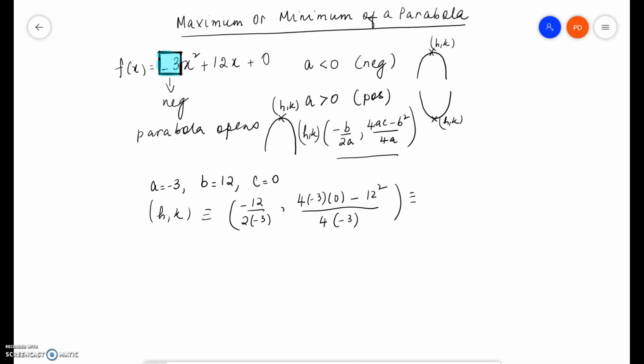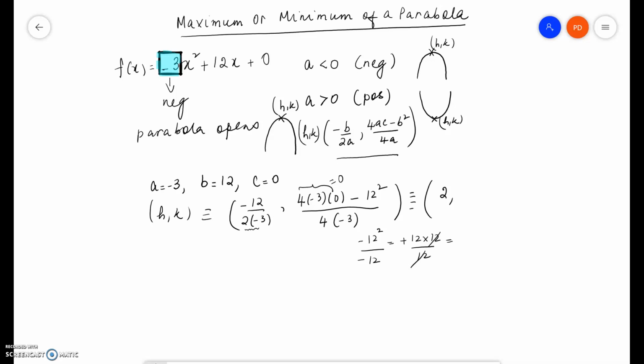So let's simplify this. 3 times 2 is 6, and the negative and negative cancel each other out, and we get a 2, comma, this becomes 0, so we have negative 12 squared over negative 12, so that's equal to positive 12 times 12, which is 12 squared over 12.